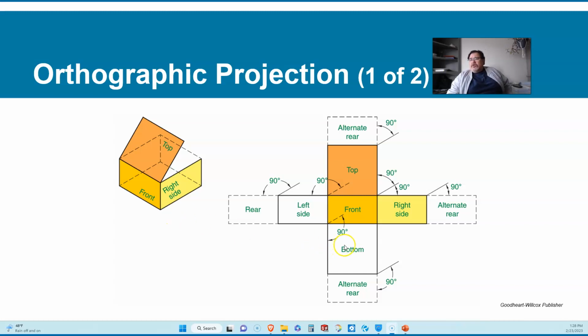And that's what you would see here if you were looking at the front. The sides would fold out, the left side, the right side, and then either connected to the left side or connected to the right side would be the rear.